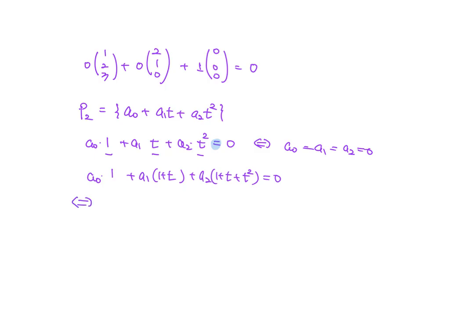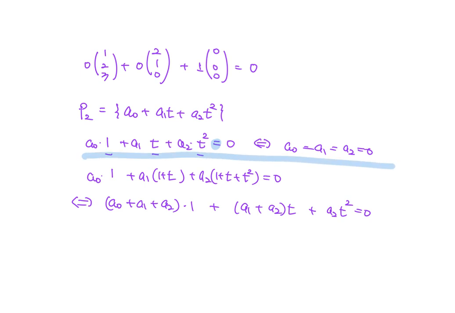That implies that the left-hand side can be rearranged to generate (a naught plus a1 plus a2) times 1 plus (a1 plus a2) times t plus a2 times t squared equals 0. And if that is 0, then this statement implies that the corresponding coefficients a naught plus a1 plus a2 equals 0, a1 plus a2 equals 0, and a2 equals 0.